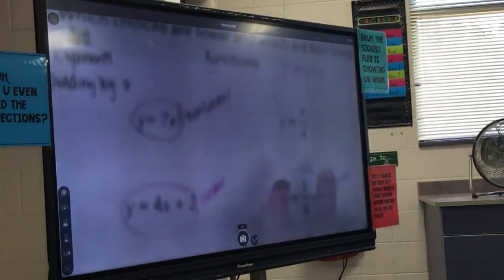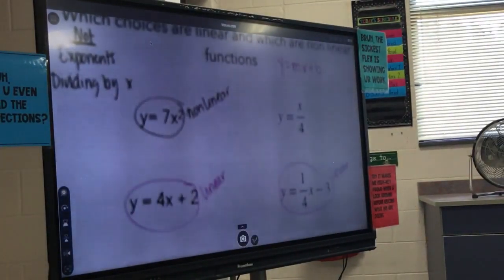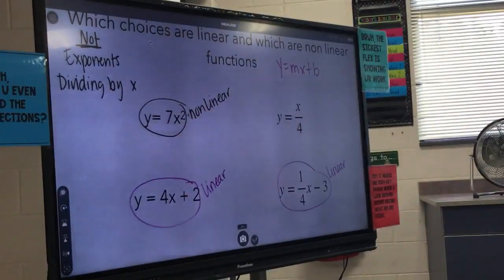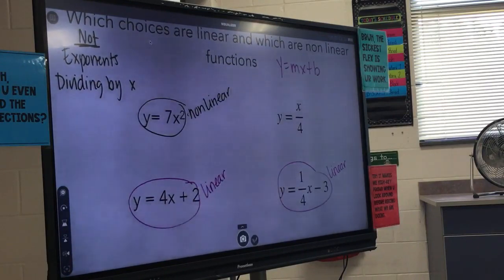Now the one on the right, y equals x divided by 4. Is that linear or nonlinear? What do you think, Cam? Okay, I understand what you're saying. I do have a question though. Where's your x? Is it in the numerator or the denominator?